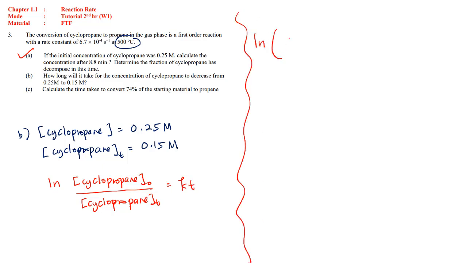Right? So ln 0.25 divided by 0.15 equals K, which is 6.7 times 10 to the power of -4 per second. And the time we are going to calculate is T.